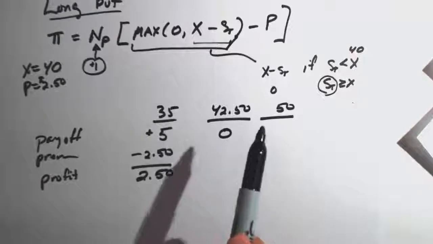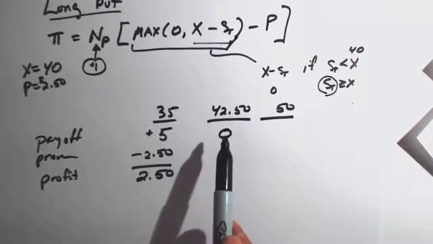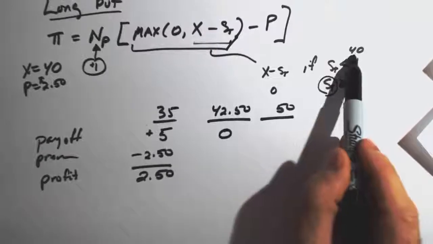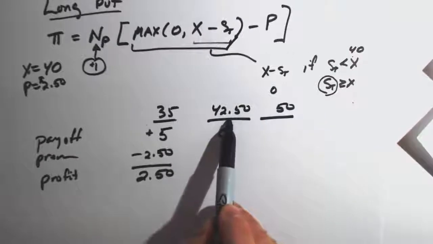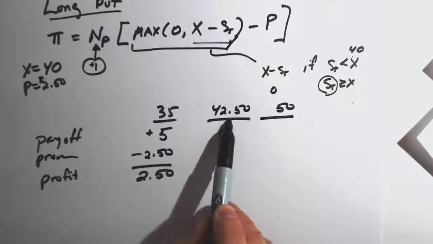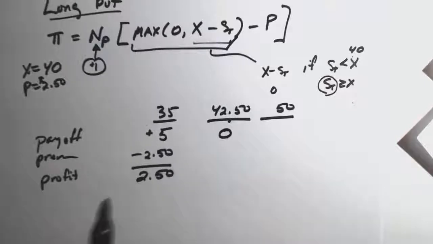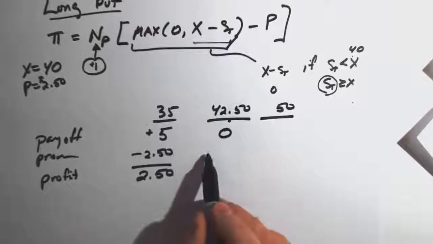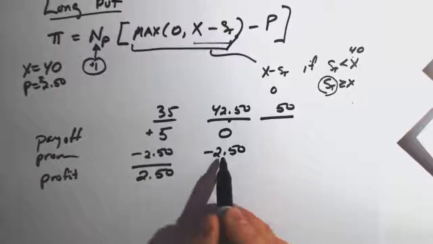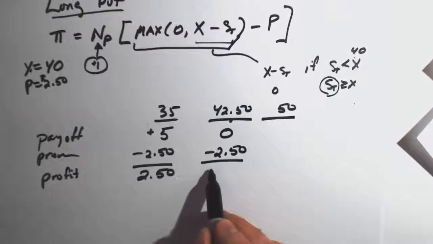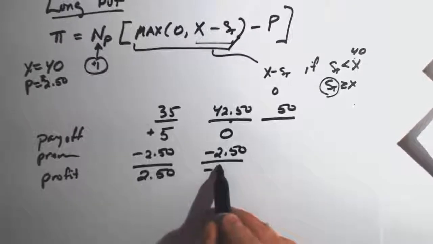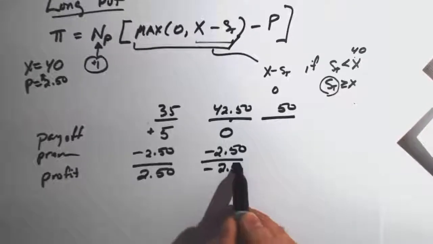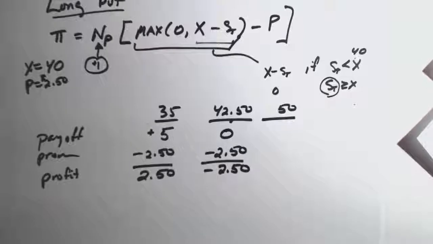As the holder, you would never want to exercise and sell the stock for 40 when you can go and sell it in the open market for 42. Doesn't make sense. So you don't exercise it, you have no payoff. You do lose, by the way, your premium per share. You always lose that because you pay the premium with a put, holding the put.